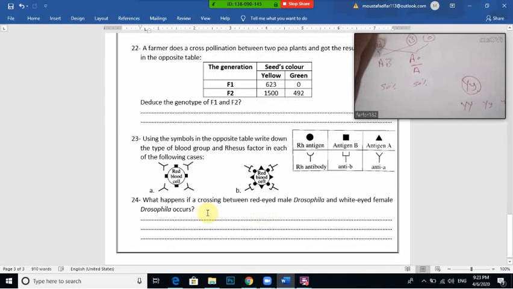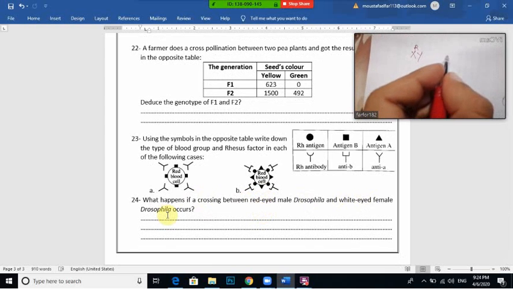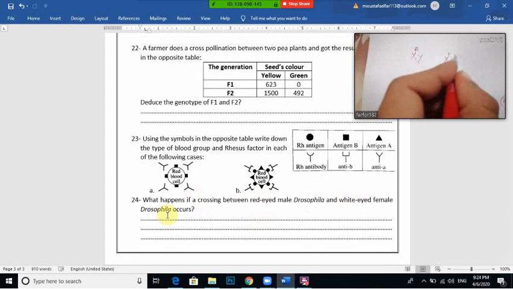The last question here: what happens if the crossing between a red-eyed male Drosophila and a white-eyed female Drosophila occurs? The red-eyed male Drosophila will be XR capital Y, and the white-eyed female will be XR small, XR small.